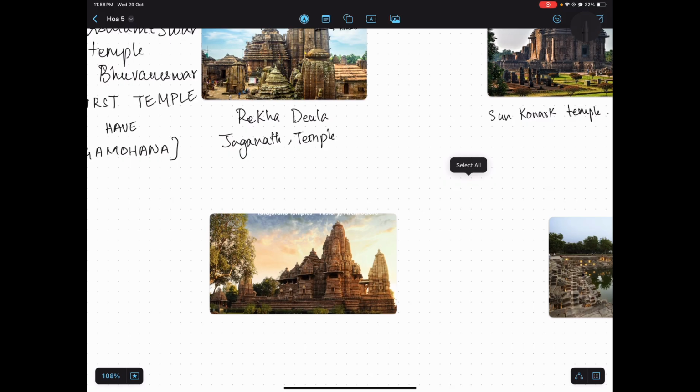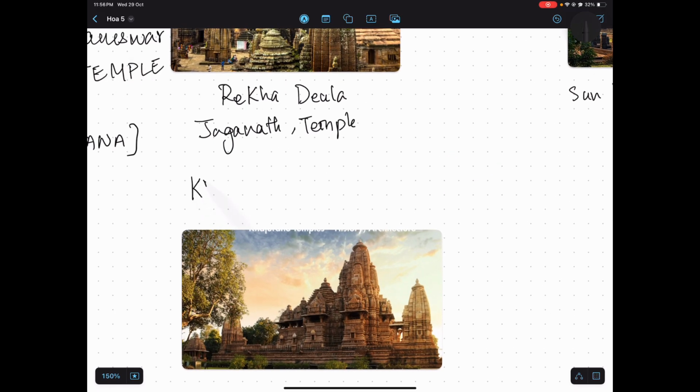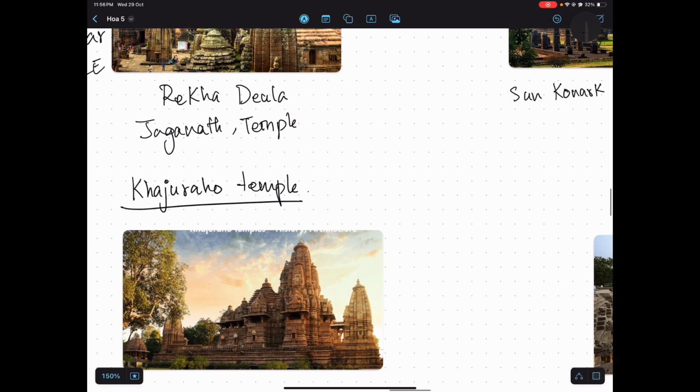So Khajuraho temple style, or Khajuraho temples generally, are made by the Chandela rulers of the Bundelkhand region of Madhya Pradesh.